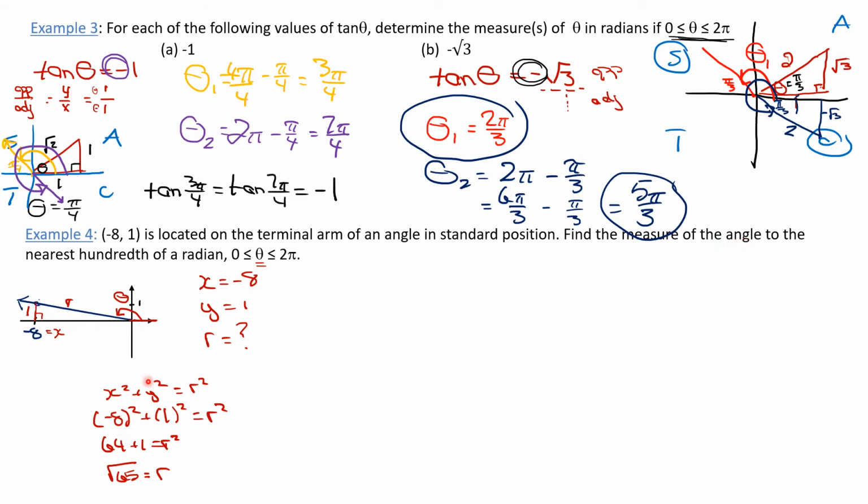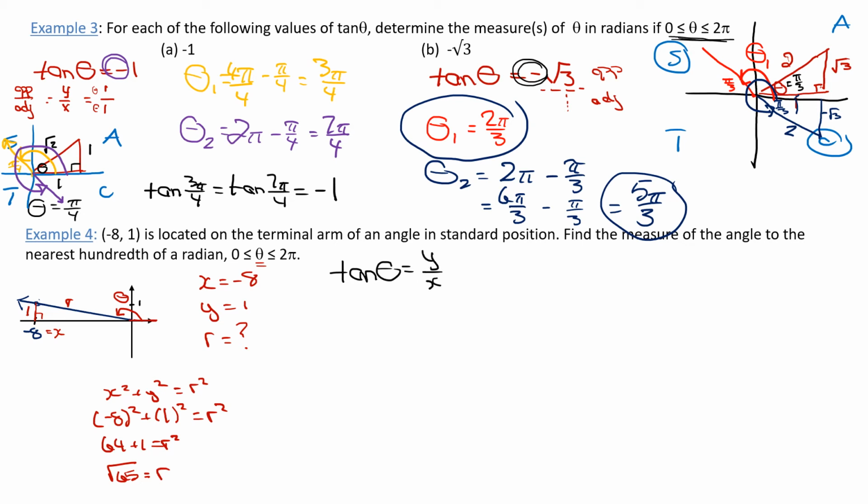Out of sine, cos, tan, cosecant, secant, cotan, I have one that just uses x and y. That's why I didn't really need r. Sine, cos, tan, which one uses just these numbers? I know what you're all saying. It's tan. Yes, tan. So tan is y over x.